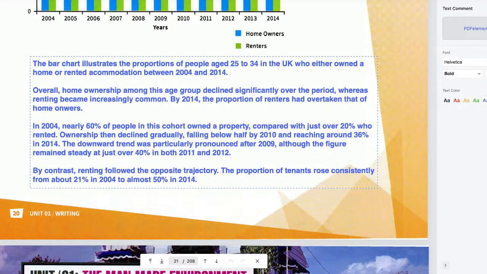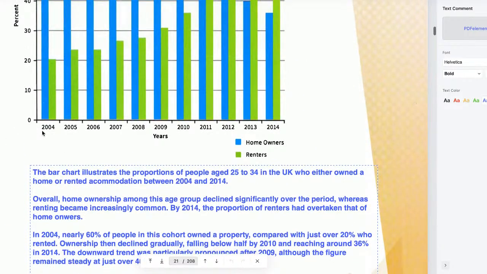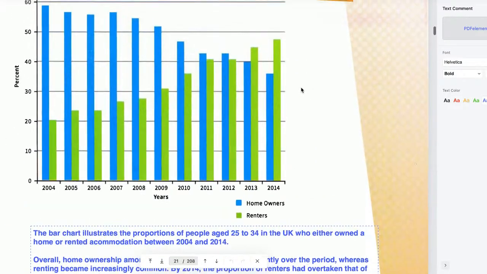So if we have to compare between the first year in 2004 and the last year in 2014, I want to know the number, the gap. How many percent? From the first year, 2004, to the last year, 2014, how many percent there?